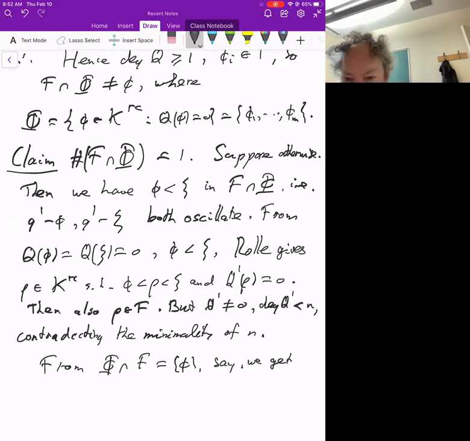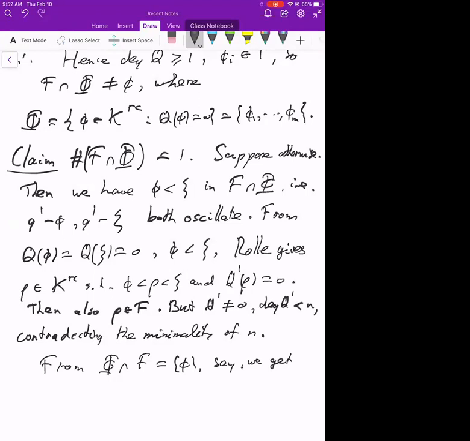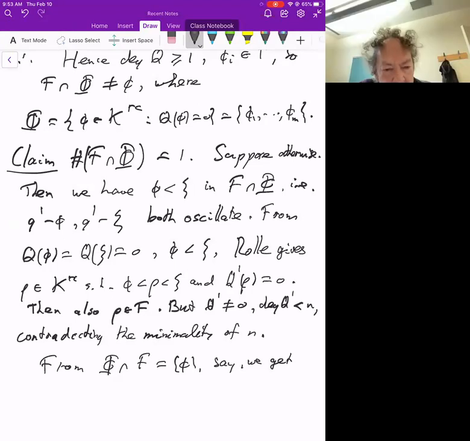Yeah, any question? Yes, sorry, Lau. It's about when you say Q of phi equals Q of psi equals 0, is it as germs, or is there ultimately infinitely many t's? No, it is as germs. Q is this polynomial over k, and everything takes place in this very large ambient ring of continuous germs.